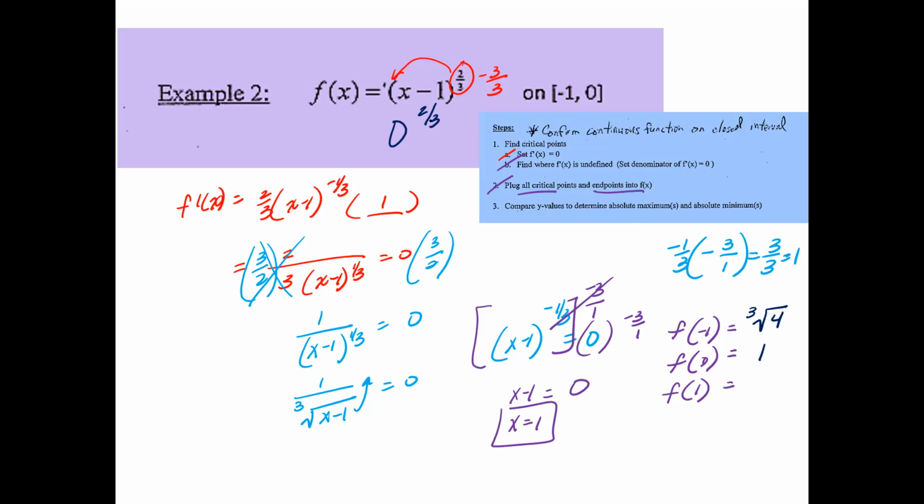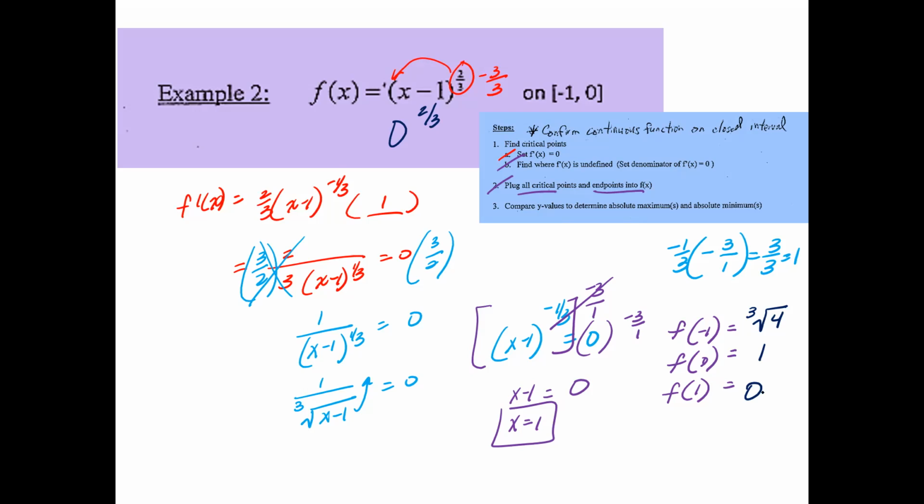So let's see, 0 to the 2/3 power is equal to, I think it's going to give you a 0, is what I'm thinking. I think it is.